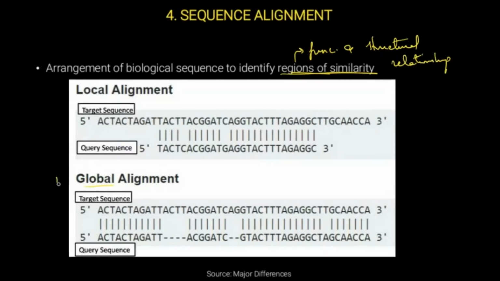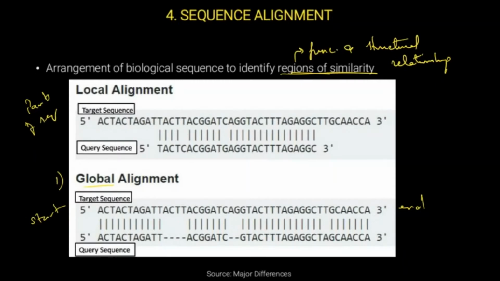Firstly, we have global alignment, which attempts to align every residue in every sequence from start to end. Contrary to this is local alignment, which aligns parts of sequences with the highest similarity.